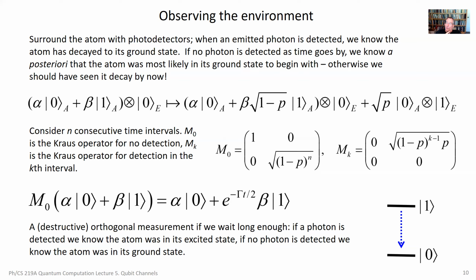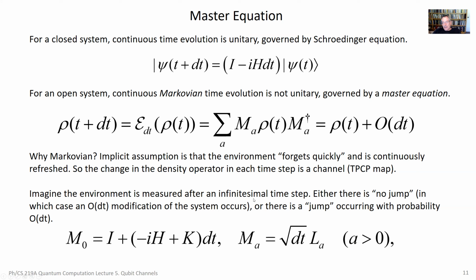But then for each one of the jumps of the environment to another state, there's going to be some corresponding operator, I'll call it a jump operator, acting on the system, like when the atom underwent spontaneous decay. But I'm going to scale these in a funny way. I'm going to put a square root of dt in all the non-trivial jumps where the index a is not equal to 0.